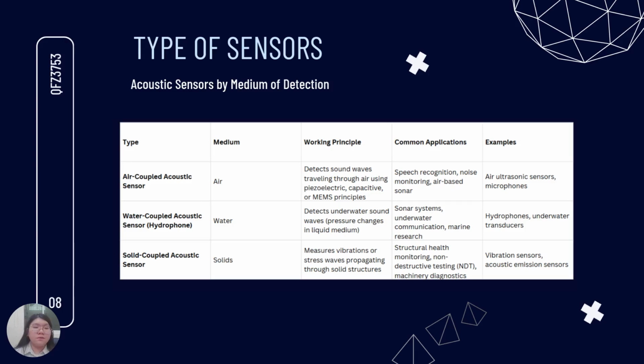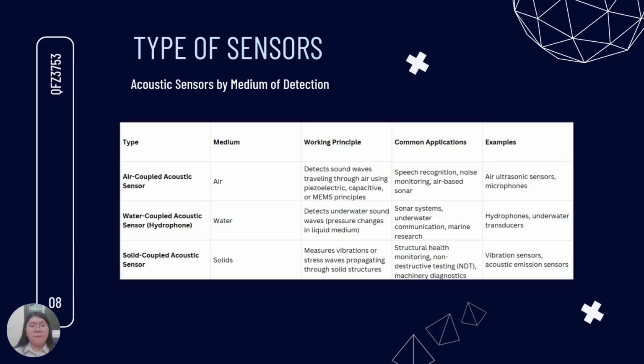Water-coupled acoustic sensors, known as hydrophones, require water as a medium. They detect underwater sound wave pressure changes in the liquid medium. The common applications are sonar systems and underwater communications.